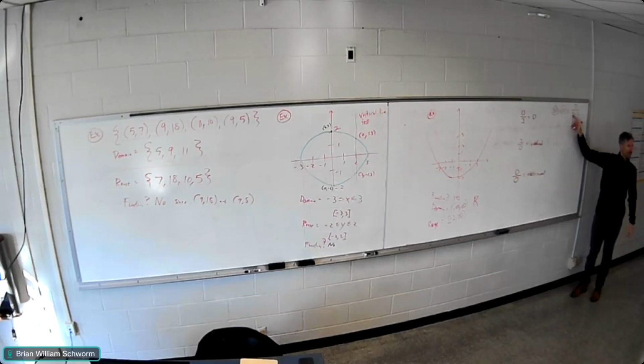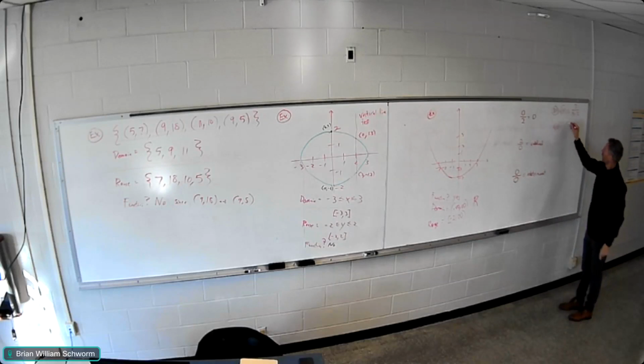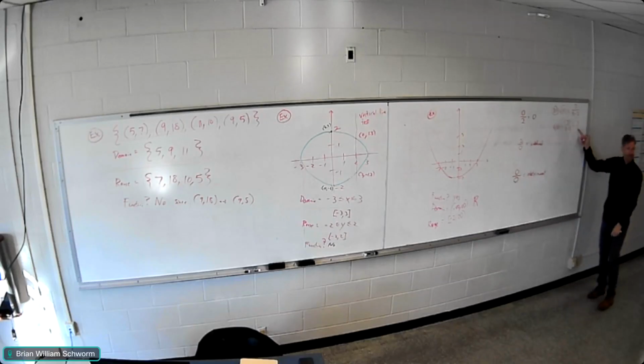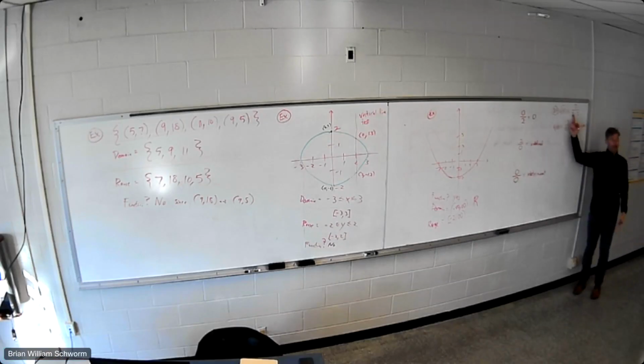Somebody said 2. 2 would cause a problem. Because if x were 2, I tried to plug in 2, 7 over 2 minus 2, which is 7 over 0. Undefined. Not a number at all. That's the only number that would cause a problem, because that's the only number that would cause 7 over 0.